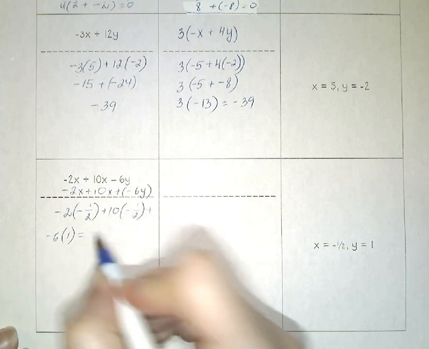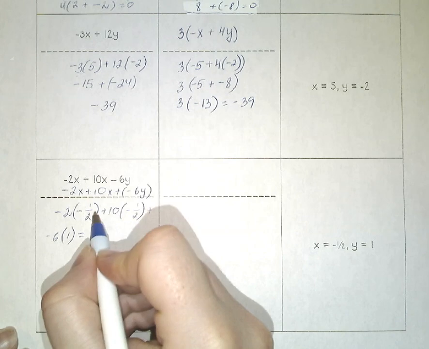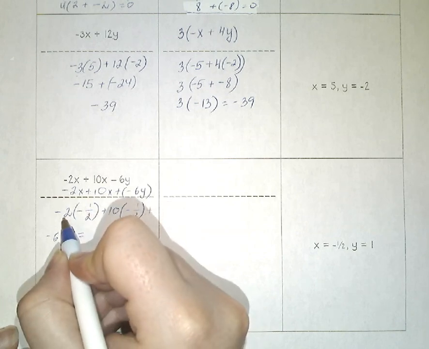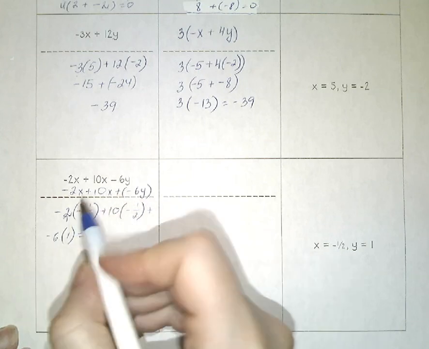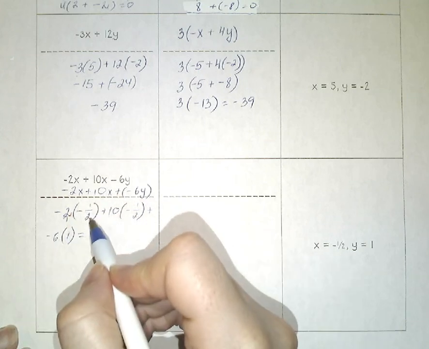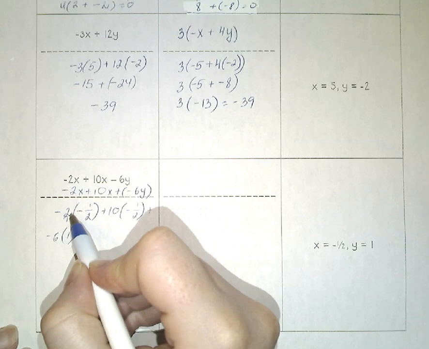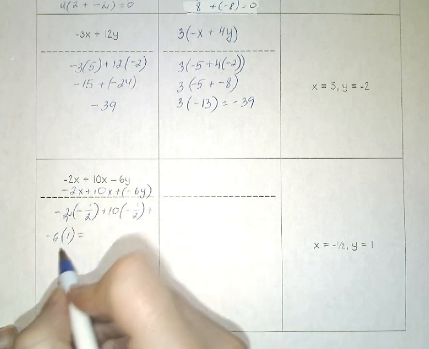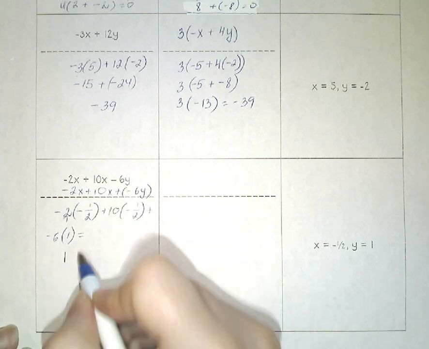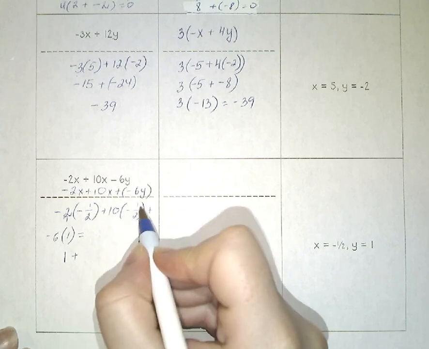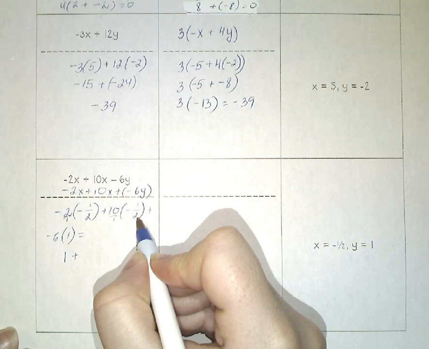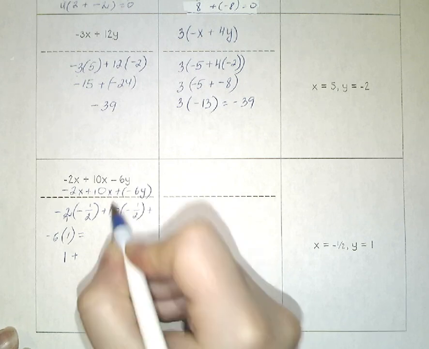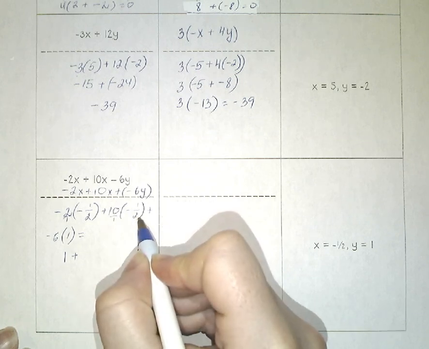Okay, so now we have negative 2 times negative 1/2. Remember how we can put negative 2 over 1, right? So negative 2 times negative 1/2, negative 1/2 is actually the reciprocal of 2, and that will give us only 1. 10 multiplied by negative 1/2, 10 and 2 can be simplified, and 10 divided by 2 is 5, 2 divided by 2 is 1.